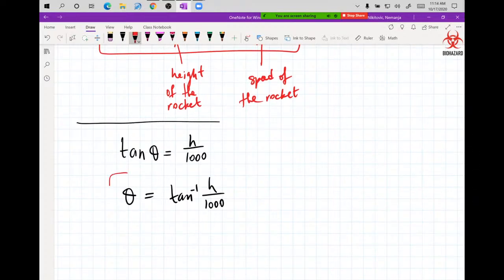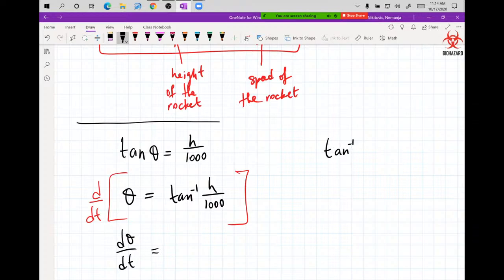Now, if you hit both sides with the derivative in respect to time, you get d theta over dt on the left, which is your omega. And on the right-hand side, tangent inverse, this is usually hard for students. I'm not sure why, but it's one formula. You have to treat h over 1,000 as a function, so the derivative is f prime over 1 plus f squared.